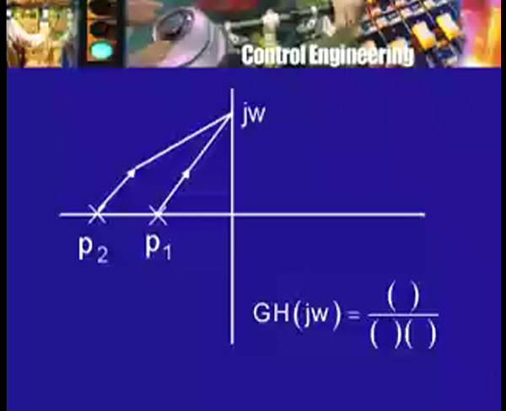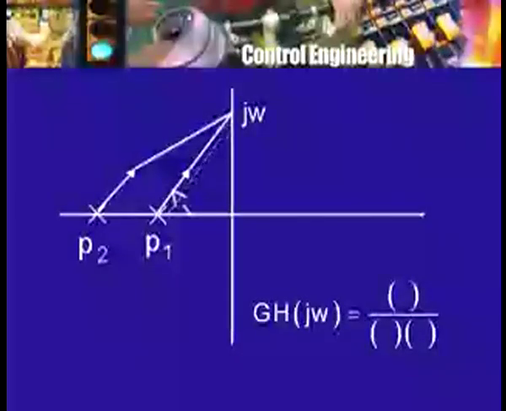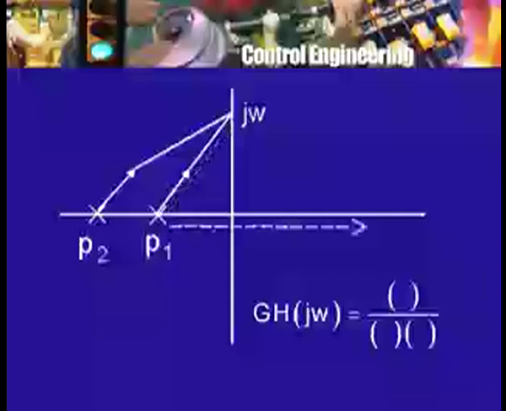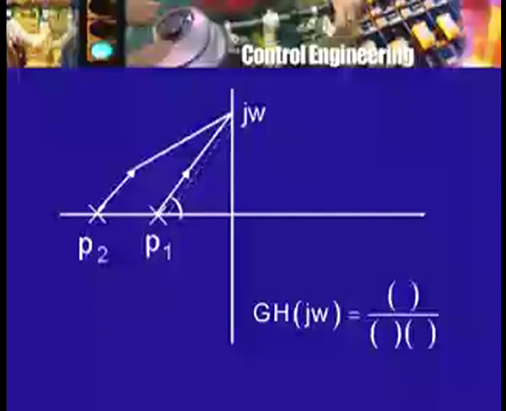Now, it is easy to see what the argument of this complex number G j omega is going to be. What is the argument corresponding to this factor, that is j omega minus p1? It is the angle made by this vector with the positive real axis. So, it is an angle that lies between 0 and 90 degrees, perhaps something like 60 degrees. What about this angle?